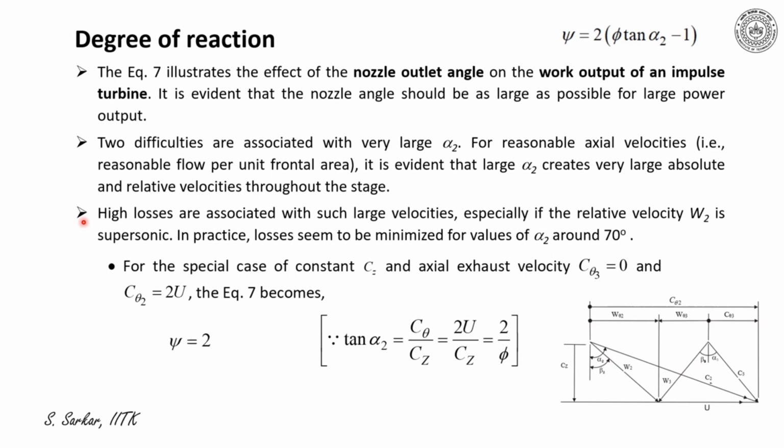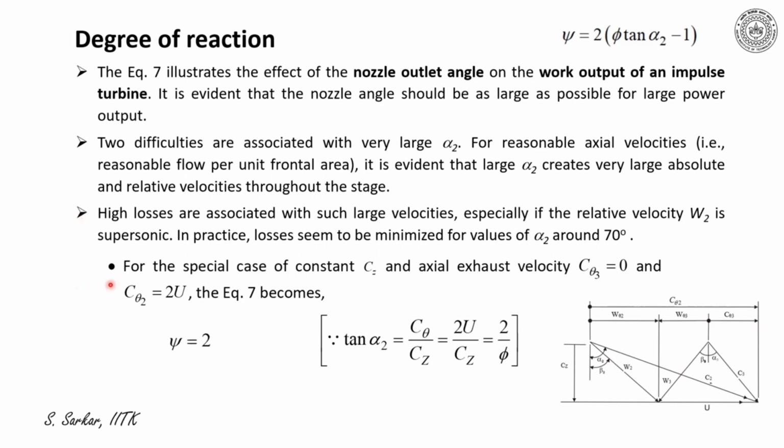If W2 is supersonic, there will be complex shocks within the rotor that involve very high losses. In practice, losses seem to be minimized for the value of alpha 2 around 70 degree. In design of an impulse turbine, we do not allow alpha 2 beyond 70 degree.